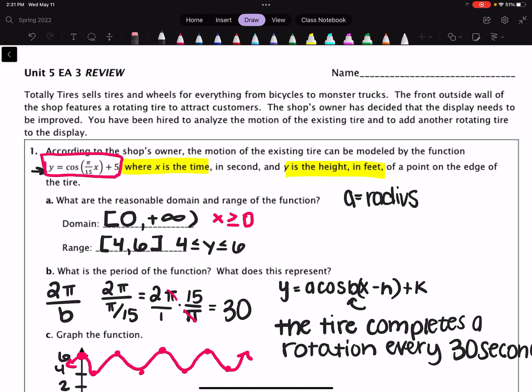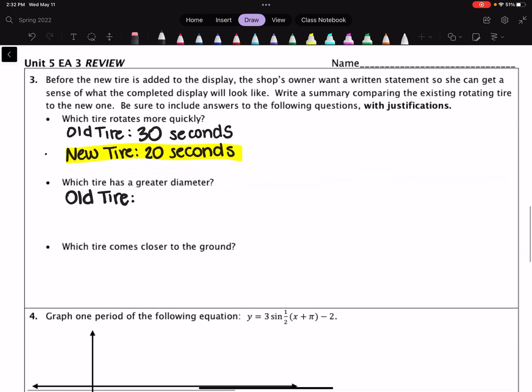If we look in our equation, we don't have an A value explicitly written, but since it's being multiplied to cosine, we can assume that our A value is equal to 1. Right? So that tells us this tire has a radius of 1 foot, which means that the diameter is 2 feet for the old tire.